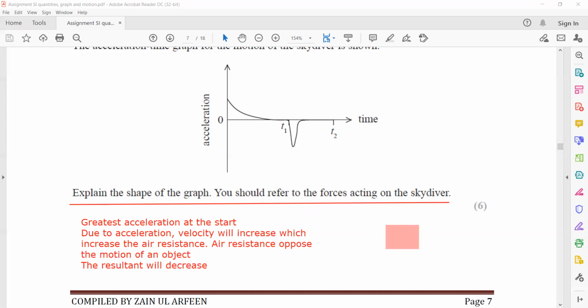If there is a falling object, the weight of the object is acting downward, the gravitational pull, and the air resistance is acting up. So the resultant force is actually the difference of the two, weight minus air resistance. If the air resistance is increasing, the difference will come out less, so the resultant force will decrease.